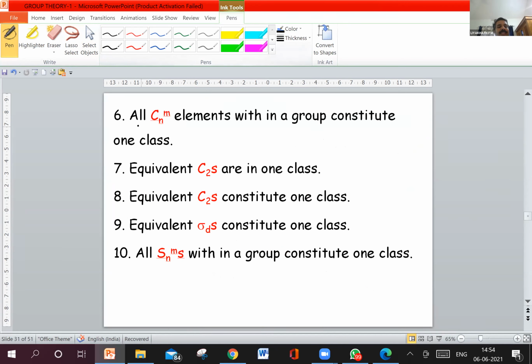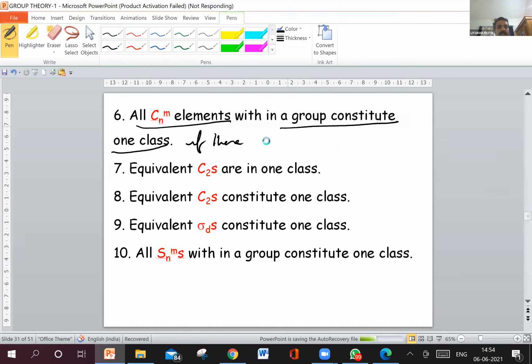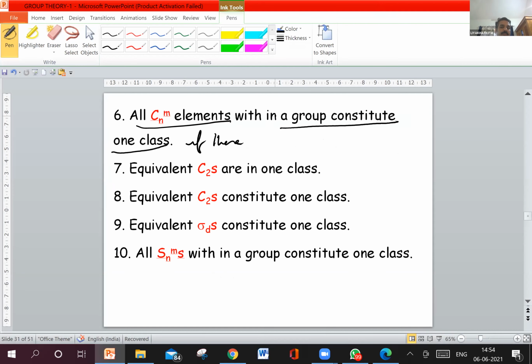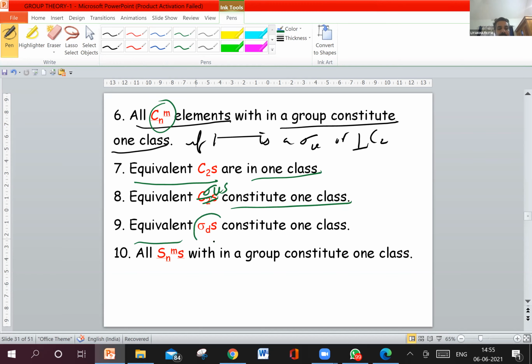All Cn^m elements within a group constitute one class. If there is, in addition, a sigma v or a perpendicular C2, then all the Cn^m axes belong to the same class. Equivalent C2s are in one class, equivalent sigma v's constitute one class, and equivalent sigma d's constitute one class.